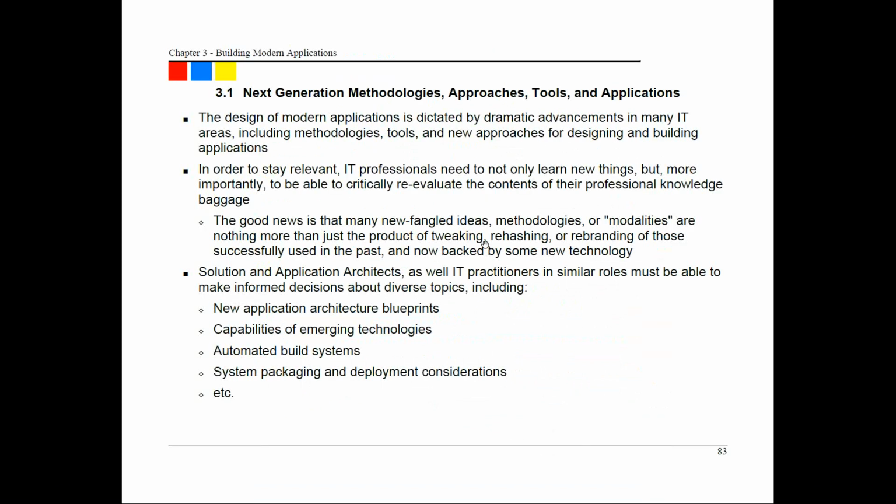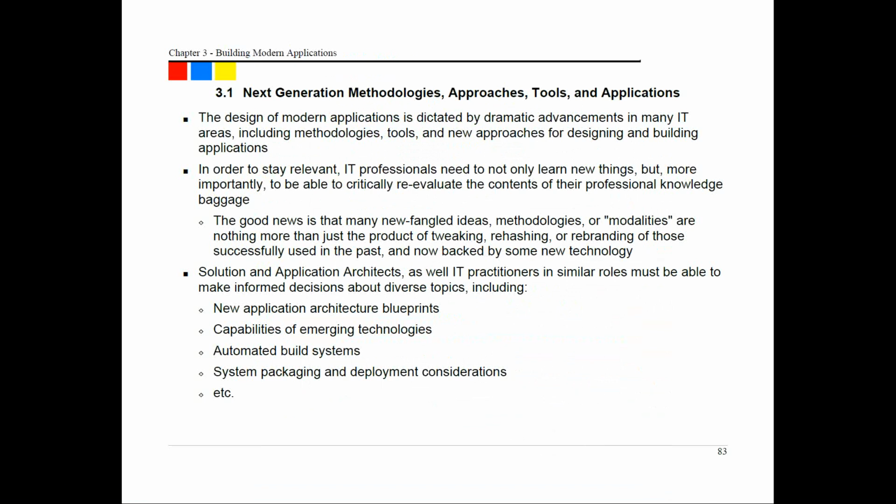Anyway, so building modern applications. All right. This is because we're talking about solutions architecture. In the end, solutions architecture also encompasses applications. And even when we talk about an application, we're never really talking about just one application. We're usually talking about a suite of applications that work together.